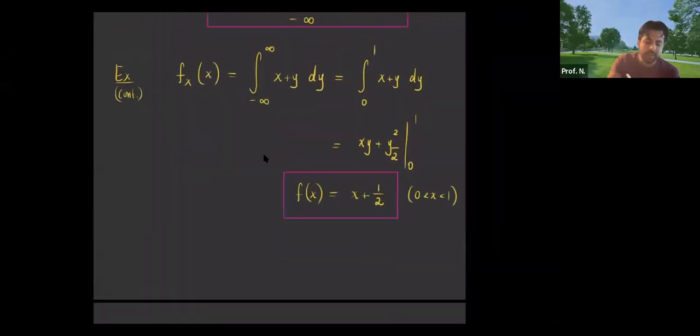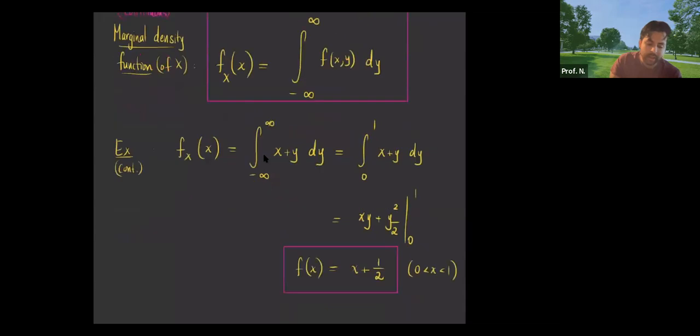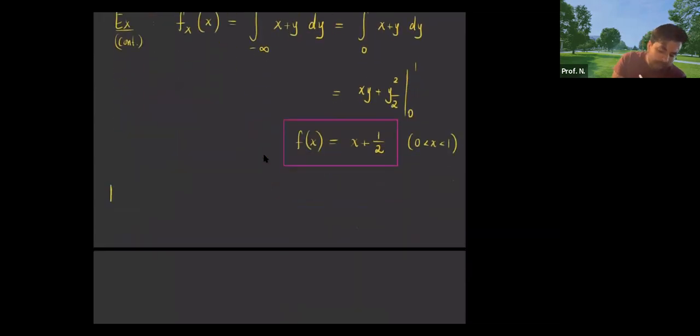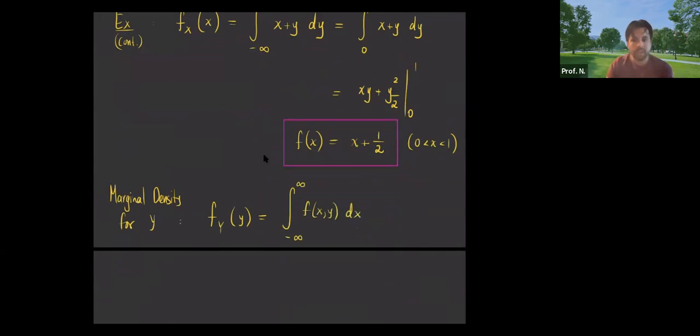And so then the same thing goes. By symmetry, what do you think the other scenario would be? What's the marginal density for y? For y, it's the same idea. I'm integrating with respect to x, adding all the x values together, and that would give me just the y's.